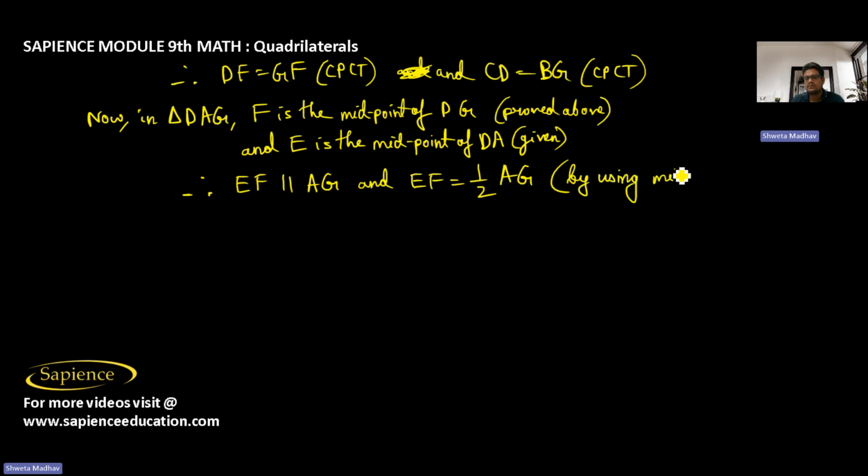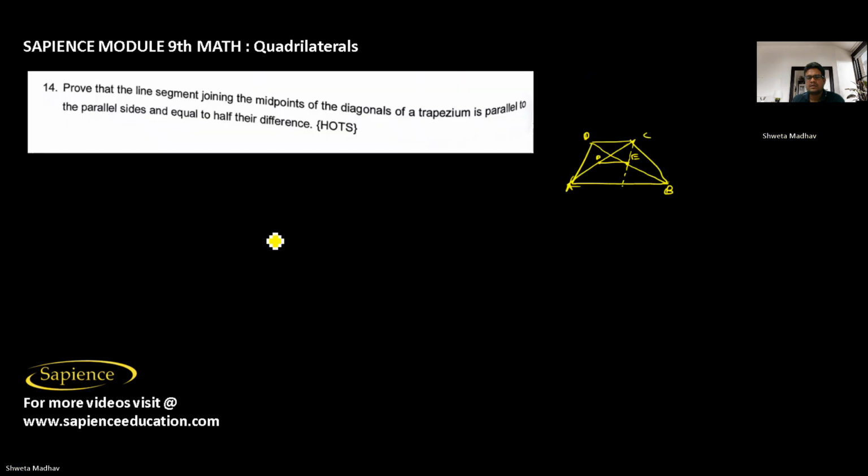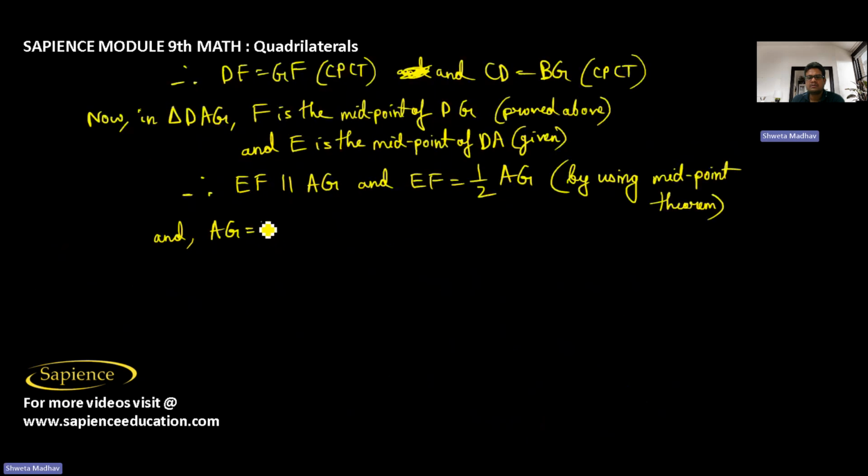Also AG equals AB plus BG, and that will be equal to AB plus CD, since CD is equal to BG, which is proved above.